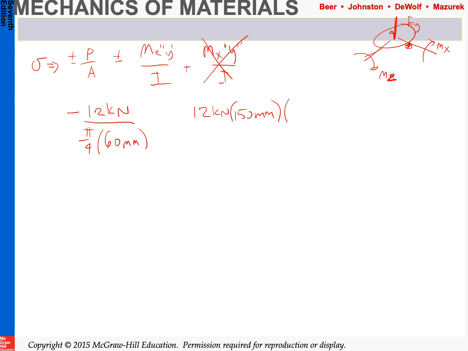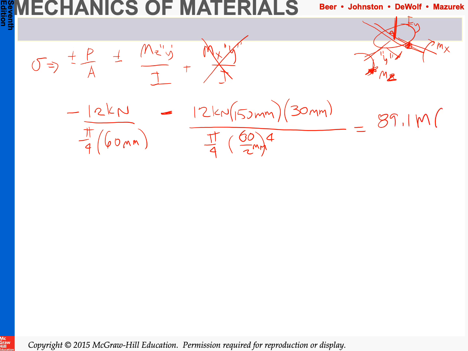The y is just the radius, the distance again from the neutral axis. So in that case, this is our neutral axis. We're measuring this distance as our y. And the moment of inertia for the solid circle is pi over 4 times r to the fourth. Should have millimeters in there. This one also happens to be negative as well, because you can see from the direction of the arrow it's negative. You should end up with 89.1 MPa.